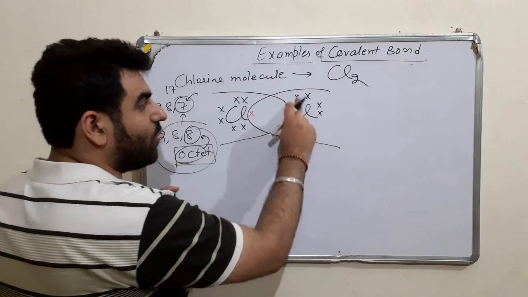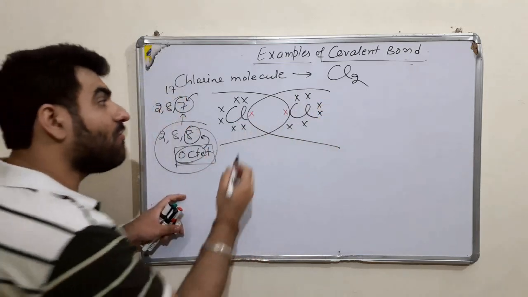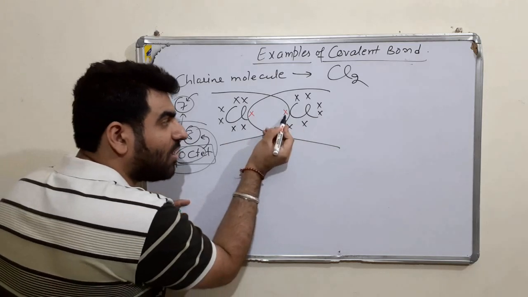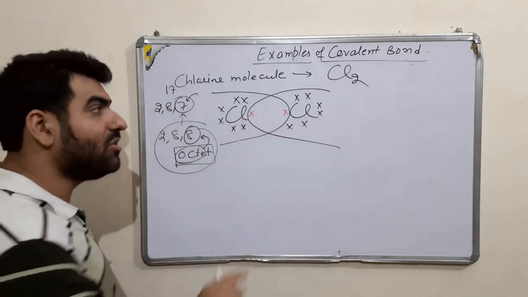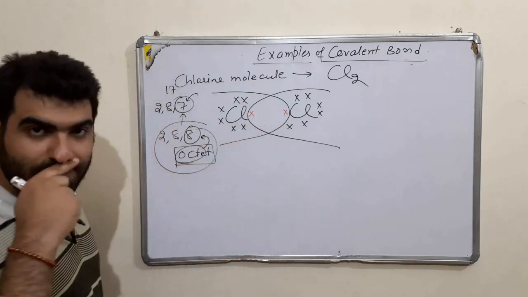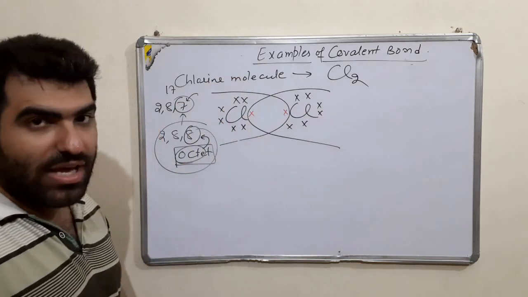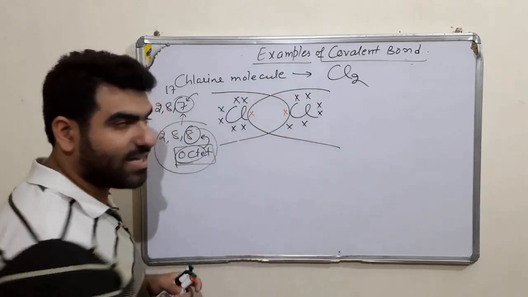Let us now see this chlorine. 1, 2, 3, 4, 5, 6, 7 and 8. So 1 electron of this chlorine was shared to this, and 1 electron of this chlorine was shared to this. So each chlorine atom shares only one electron. And by this sharing, they both have completed their octet, 8 here, 8 here.